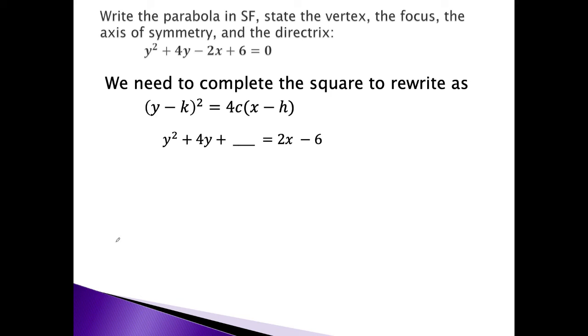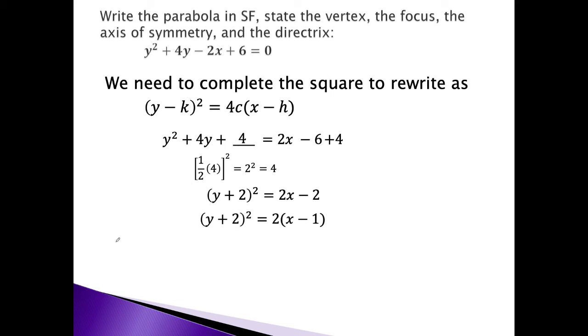So that means we have y squared plus 4y plus blank equals 2x minus 6. We take half of 4 and square it. So we have 2 squared, which equals 4. So we add 4 to both sides. Simplifying, we have y plus 2 quantity squared equals 2x minus 2.